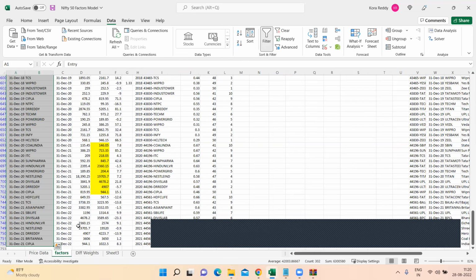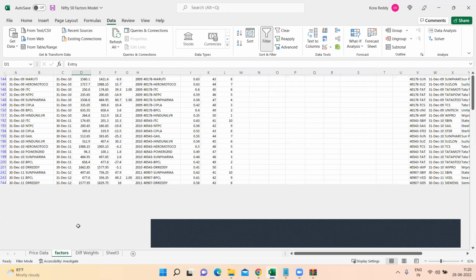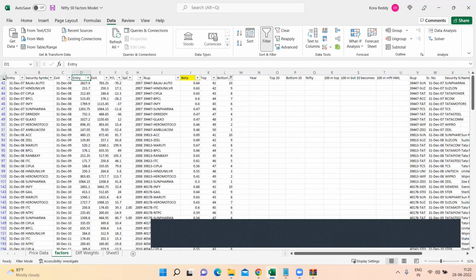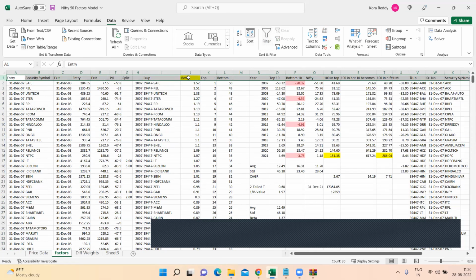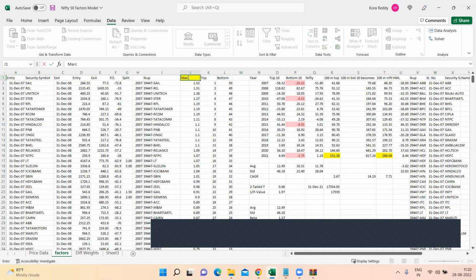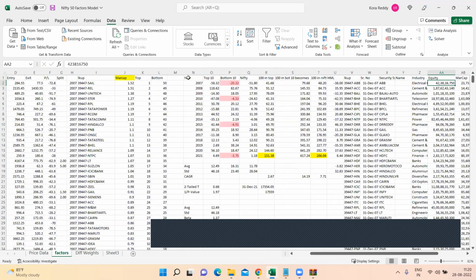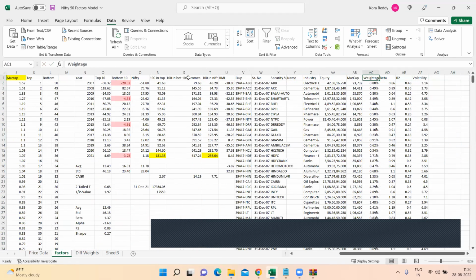You can experiment with whatever you want, but let's just take the top 10 market cap stocks. Market cap is 8 or 7. 8.